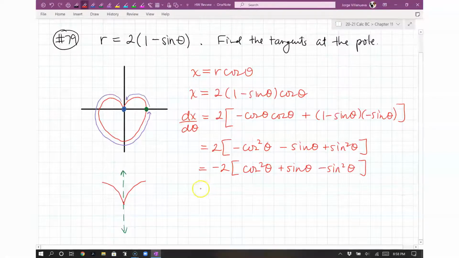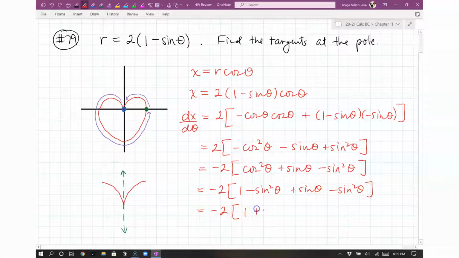So I'm going to change my cosine squared theta into 1 minus sine squared theta, plus sine theta minus sine squared theta. That's just using an identity. And I can put this stuff together here: negative 2 times (1 plus sine theta minus 2 sine squared theta).